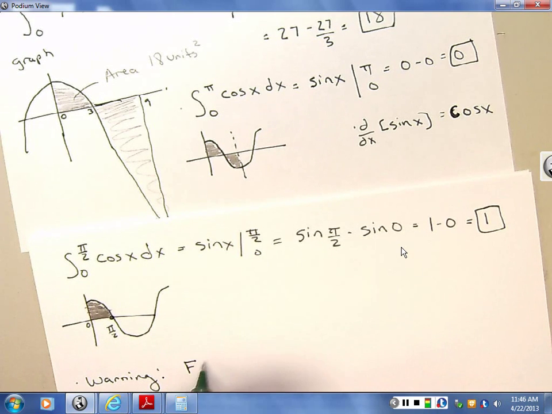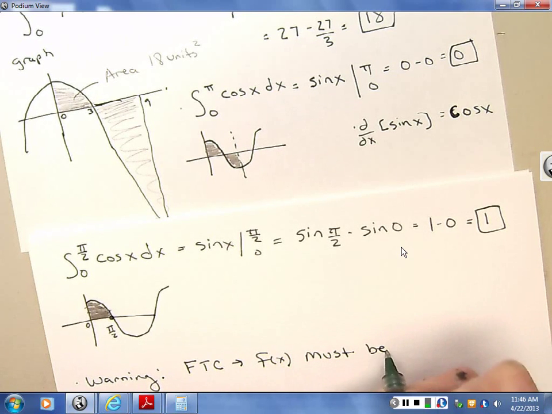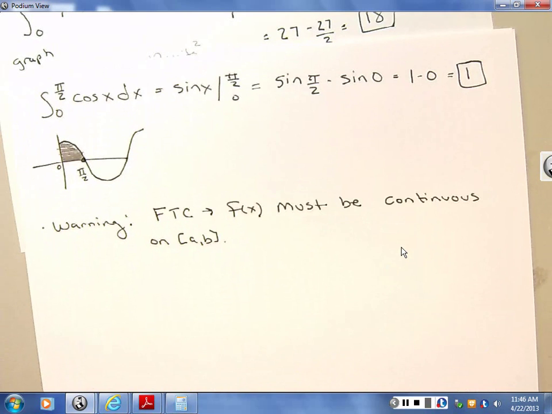For the fundamental theorem of calculus, f of x must be continuous on [a, b]. In Calc 2, in section 7.8, you'll focus more on what happens when the function is not continuous. That's an improper integral.